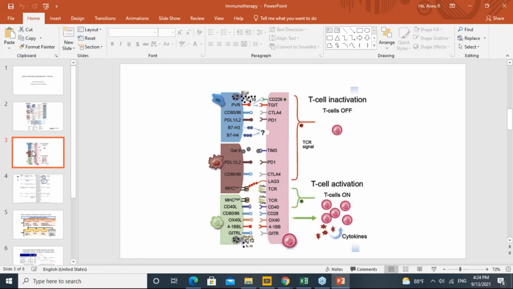For example, if you're infected with the bacterium pneumococcus and you have pneumonia, when the T cells activate and try to go into a fighting mode to fight this bacteria, at the same time the surface molecule called PD-L1 will be overexpressed.